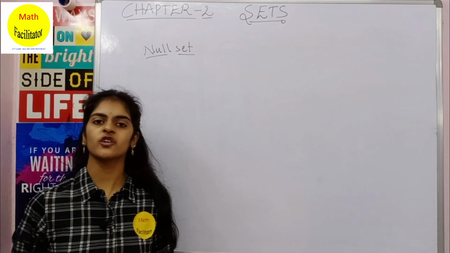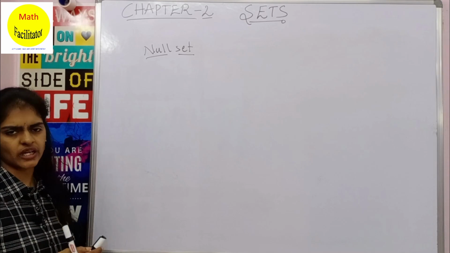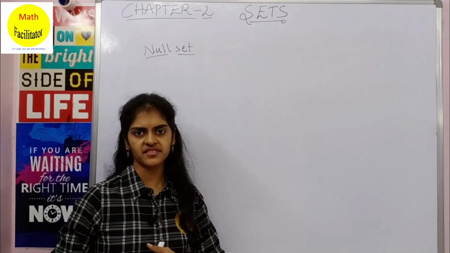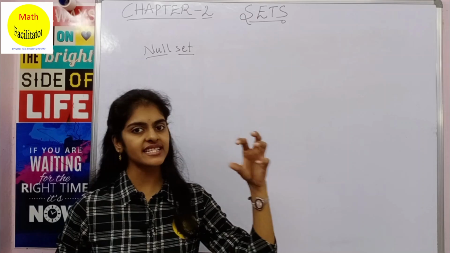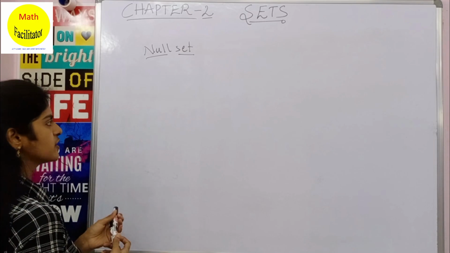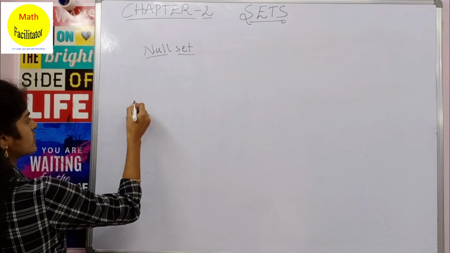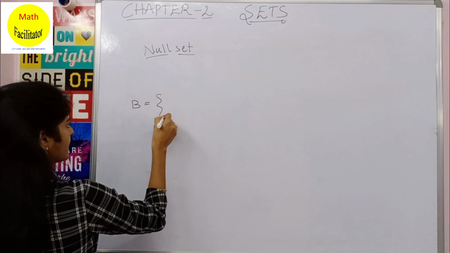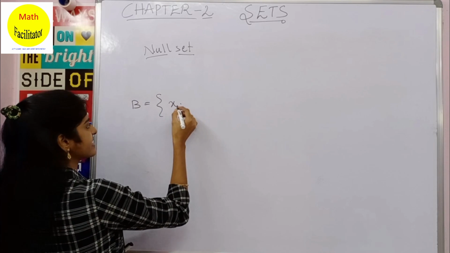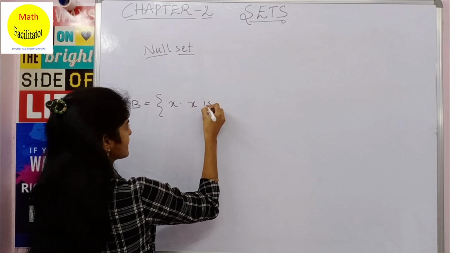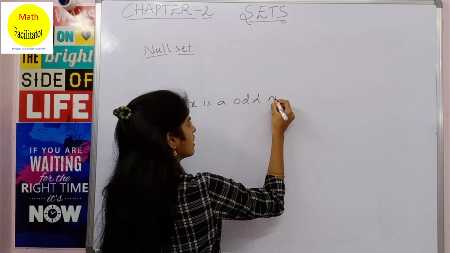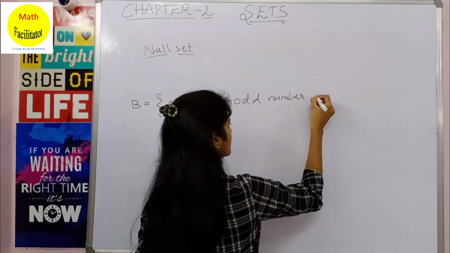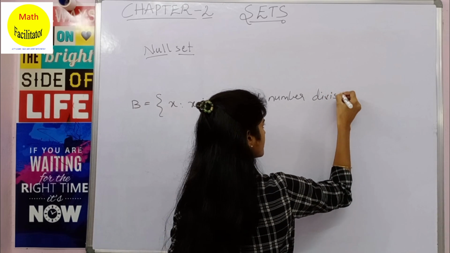Now moving on to the next concept, it is the null set. Till now, whatever sets we have seen, there were some elements in the set. Now I'll give you another example. Suppose B is a set of elements such that X is an odd number divisible by 2.